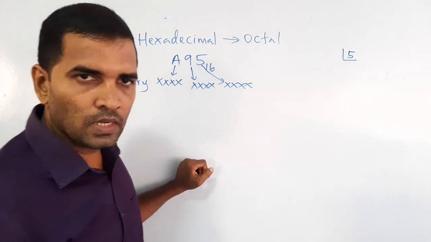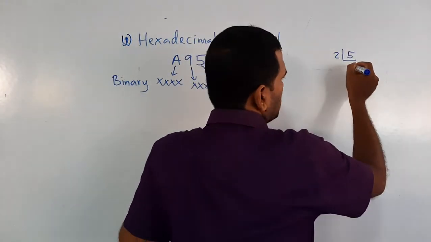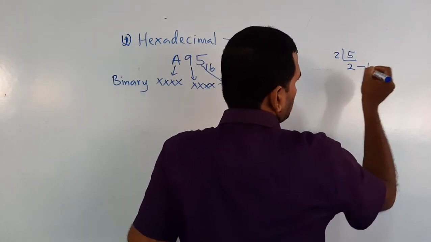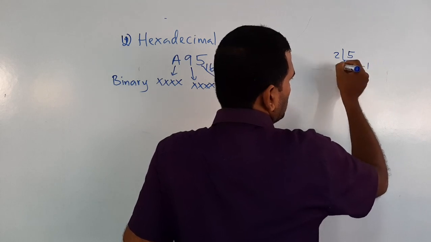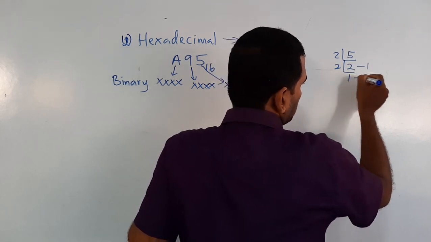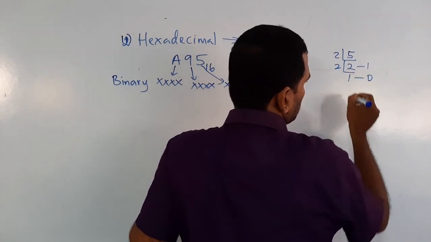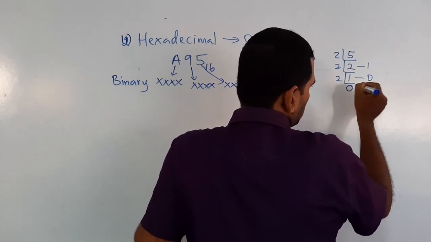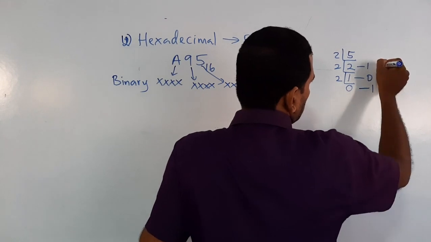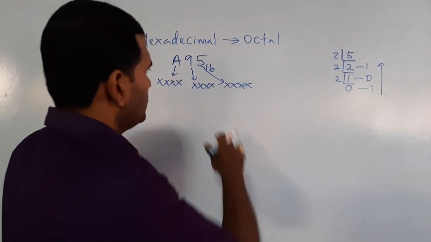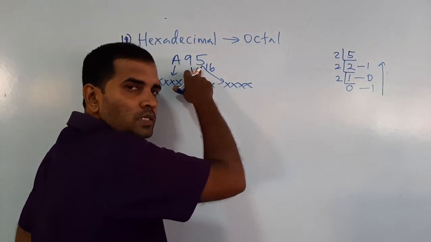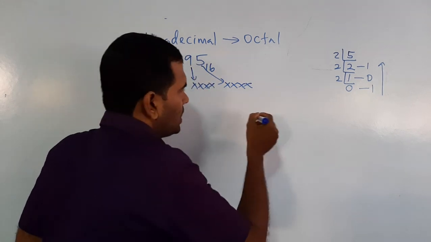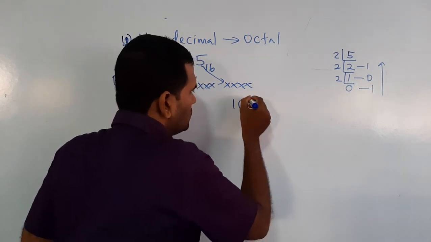Divide that 5 by 2. Here 2 quotient, 1 remainder. Again divide that by 2. Here 1 quotient, 0 remainder. Again divide that, 0 quotient, 1 remainder. So this hexadecimal digit 5 is represented by 101.